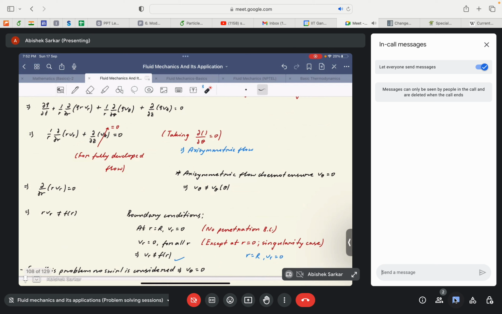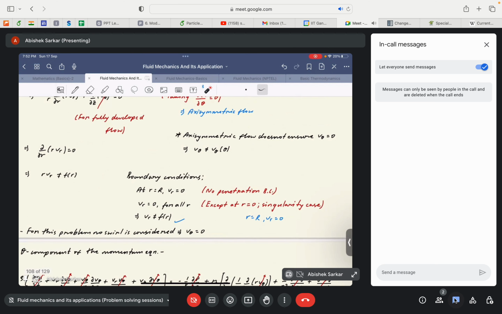So this tells us that r vr is not a function of r. Again we see that at r equal to R, vr equal to 0, from the no penetration boundary condition. This tells us that vr would be equal to 0 for all r except at r equal to 0, because this acts as a singularity point in this particular flow field. Except that point, since vr equals 0 at r equal to R, it tells us that vr is not a function of r.